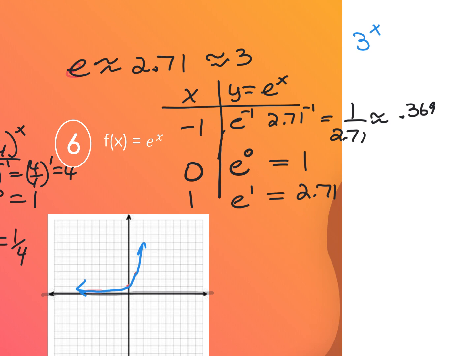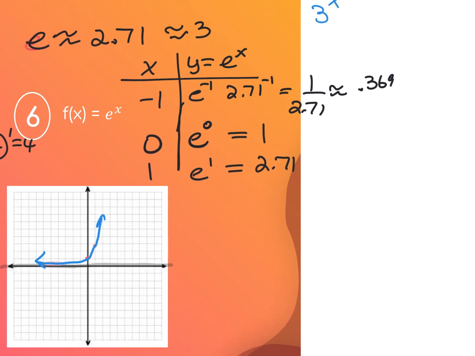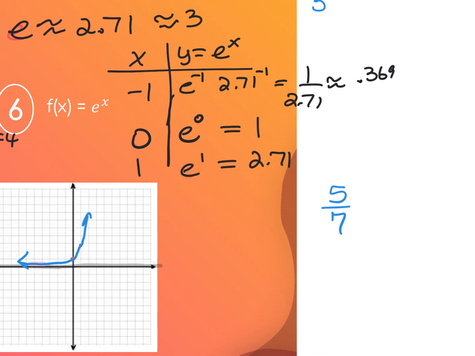Now, you may see instructions that will say to truncate an answer. If you ever see that, for example, on a calculator, if I were to divide 5/7, the decimal I get on my calculator is this.